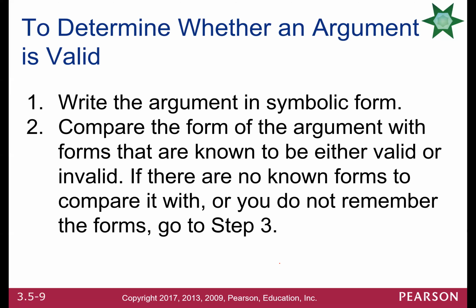Then you're going to first compare the form of the argument with the forms that we know to be either valid or invalid. And we're going to look at the forms that we know here in just a second. If it doesn't fit any of the normal forms of valid or invalid arguments, then you're going to have to create a truth table.